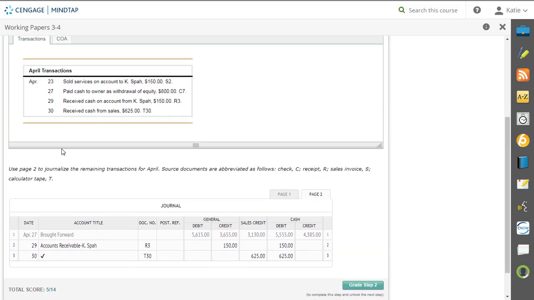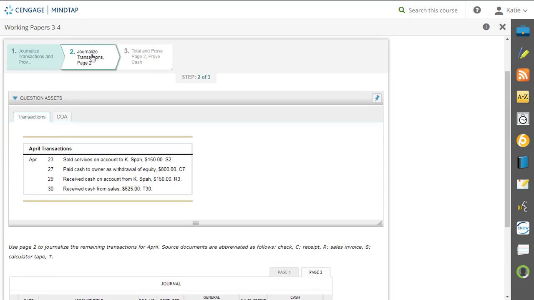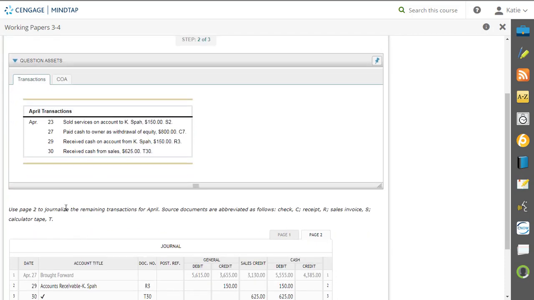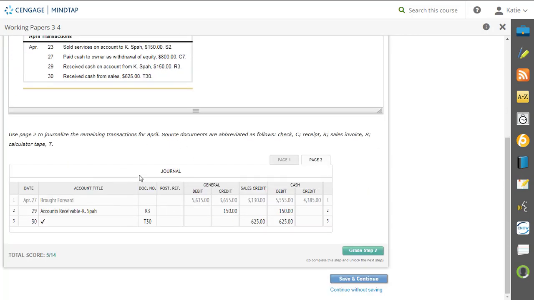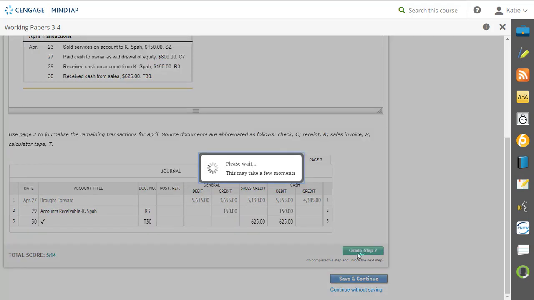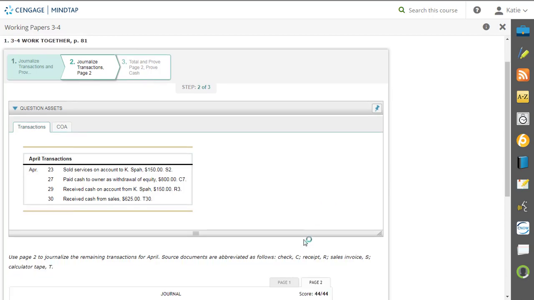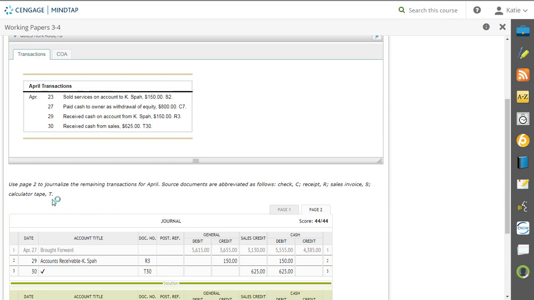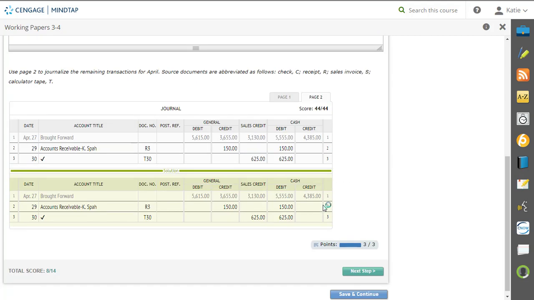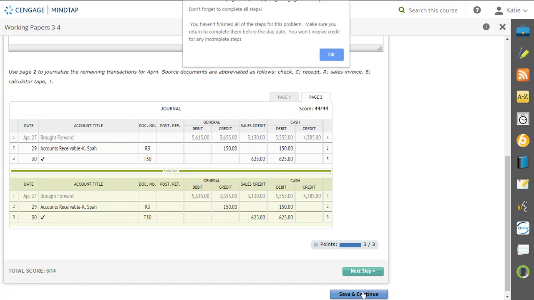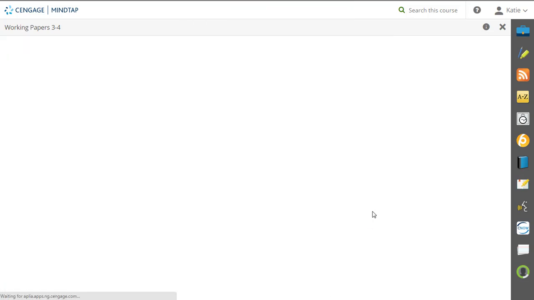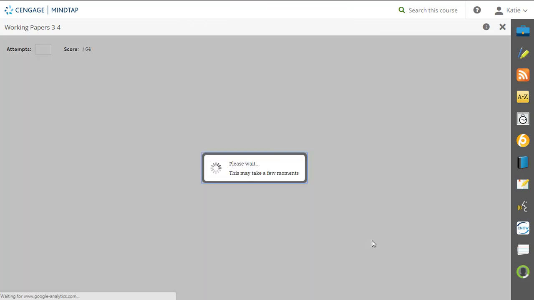So our instructions for the second part was to go through and journalize our transactions for page 2. So if we are good to go on that, we can go ahead and click on Grade Step 2. Step 3 says use page 2 to journalize the following transactions. Oh wait, that is reading the same instructions instead of clicking on the next part.